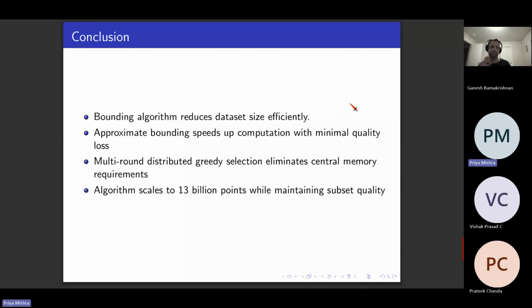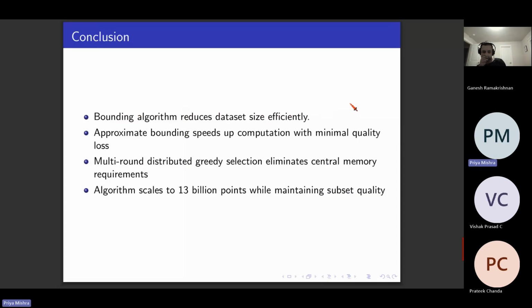The takeaways from this are, bounding algorithm reduces the data size efficiently, and the approximate algorithm is same as the bounding algorithm, but it just partitions the data set. And after this, distributed greedy selection algorithm is used, which partitions the data.